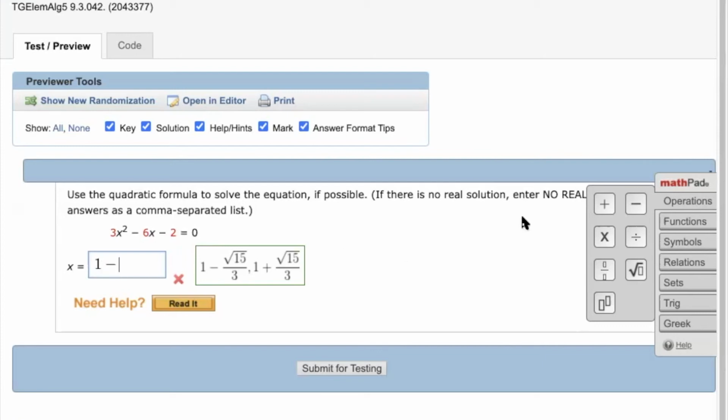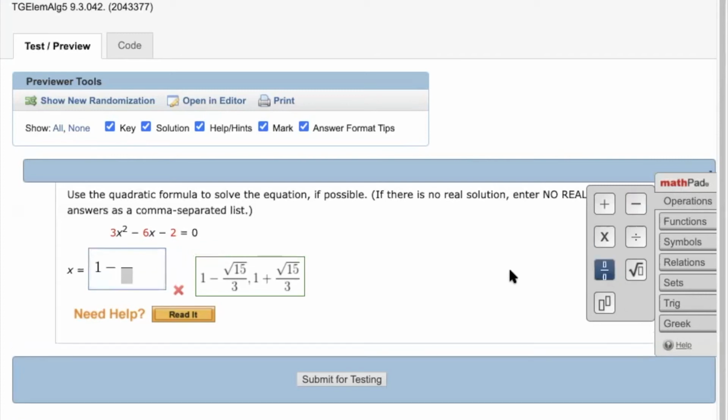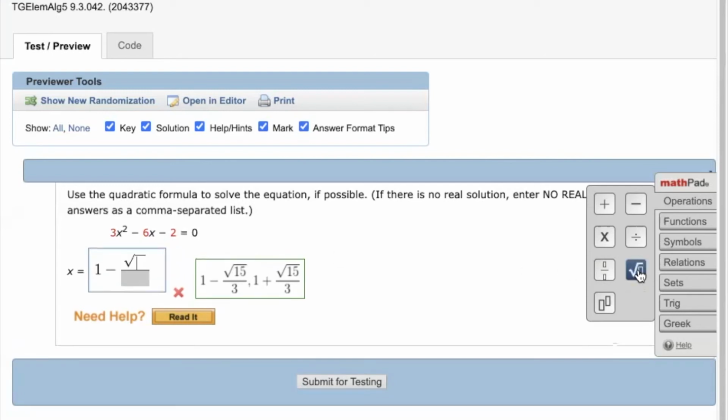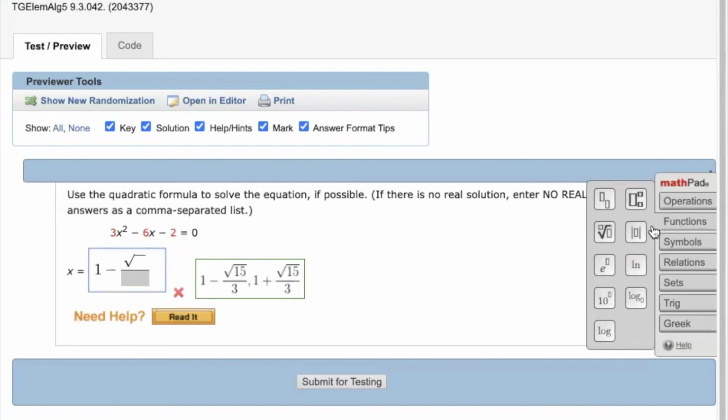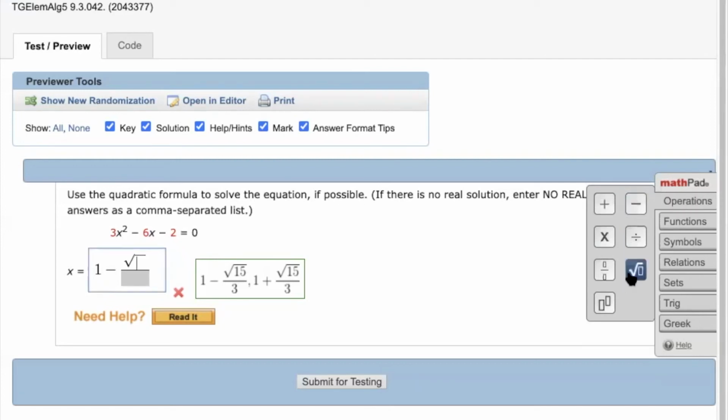So I'm going to go over here to the math pad, and I'm going to choose this symbol to give myself a fraction. And then on top of the fraction, I'm going to give myself a radical. Now, there are other radicals if we go looking. So make sure that you don't accidentally get this one, which would be for radicals like cube root or fourth root. You want to go into the top level, the operations. That'll give you just the square root. That's the one we want.